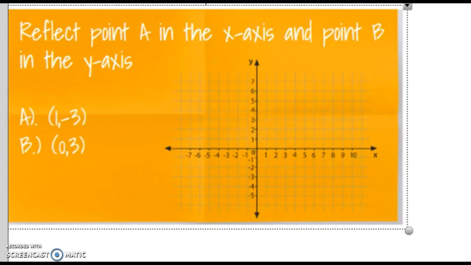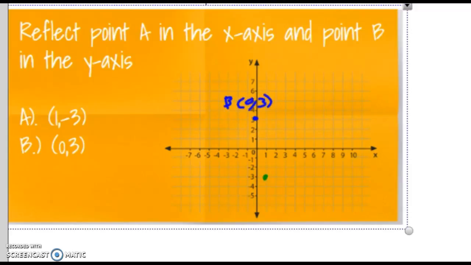All right, this one says reflect point A in the x-axis and B in the y-axis. So point A is at 1, -3, right about there. And point B is at 0, 3, so that's actually going to be up here. So I should label these points. B is at 0, 3.